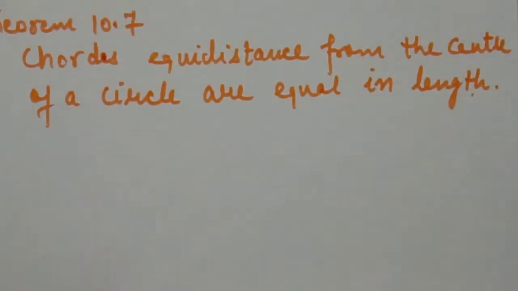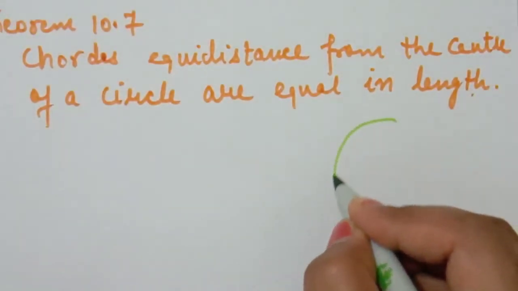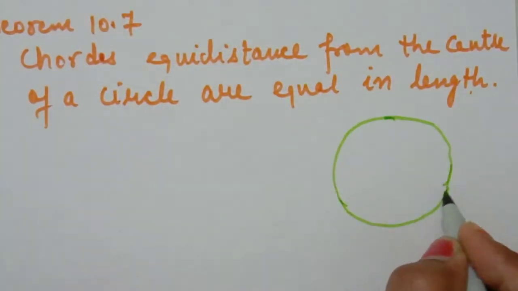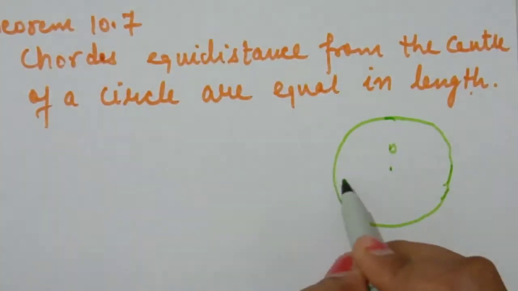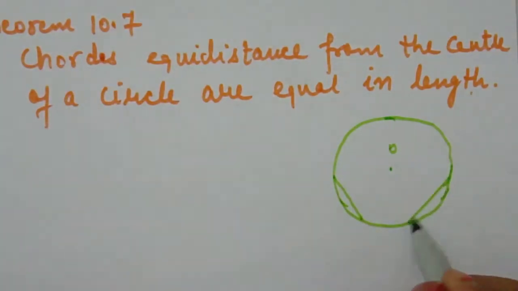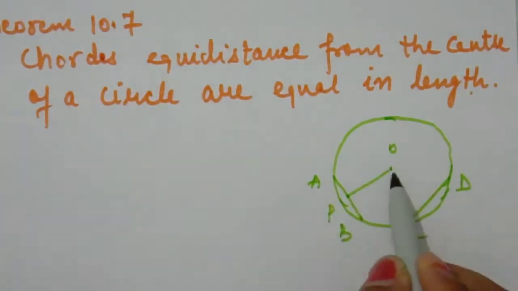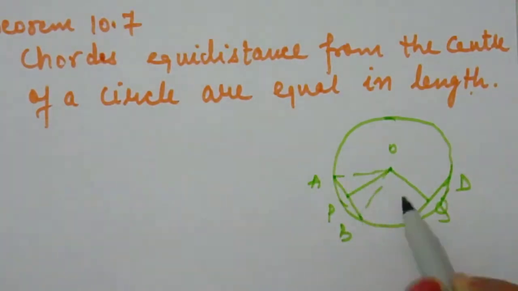So first of all, we have to draw a diagram. We have to draw the same diagram as in 10.6. It is our center. These two are the chords. We will take AB and CD, and this is our perpendicular OP and OQ. So we will make triangles like this.